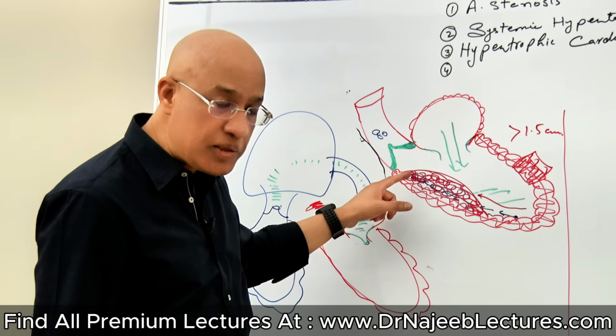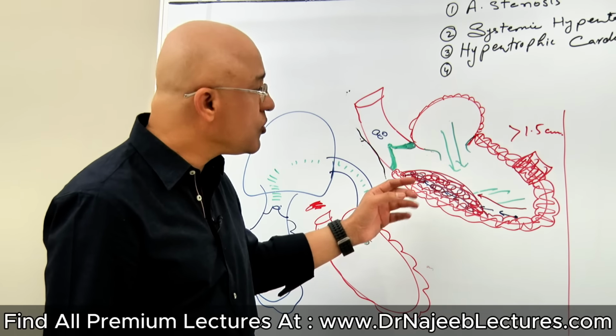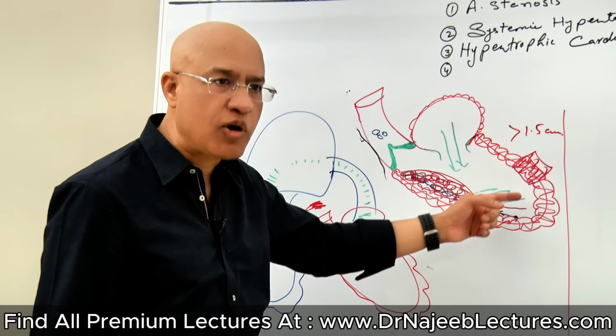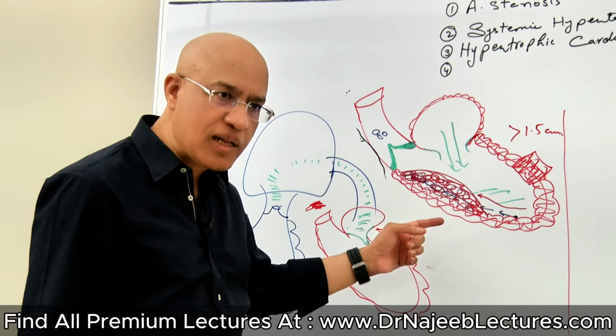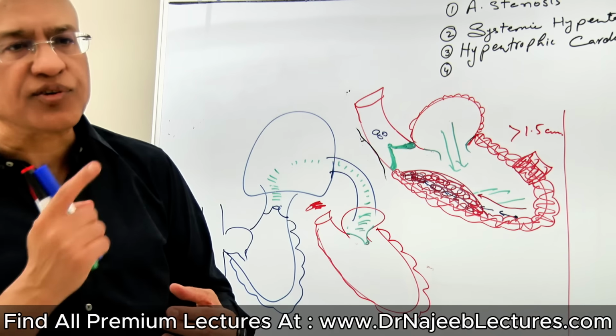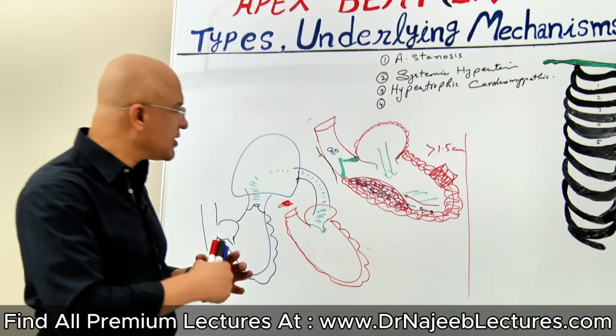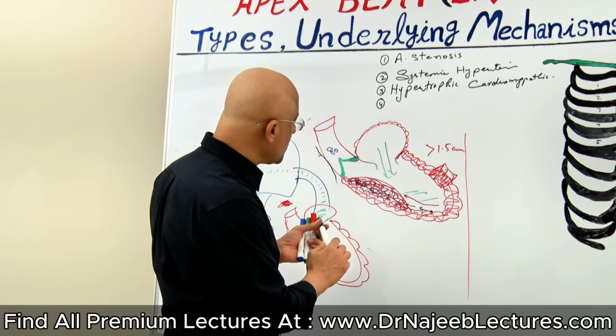Many a times, patients come with hypertrophic cardiomyopathy where you see hypertrophy in some other areas of the left ventricle, but not in the septum. But usually this hypertrophy is not concentric or eccentric, it is asymmetric hypertrophy, right? We will discuss that later. Here I want to say one thing also.